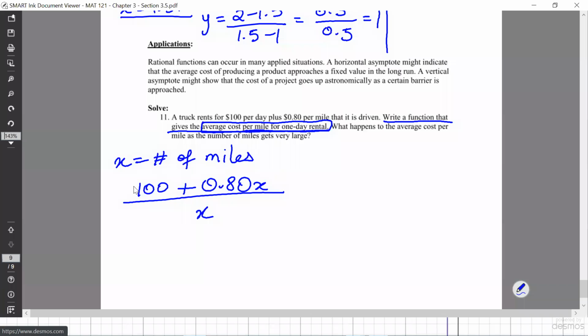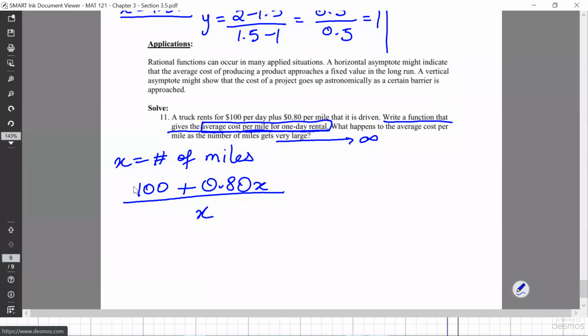So they're saying now for the last sentence, what happens to the average cost per mile as the number of miles get very large? They're actually asking you how the horizontal asymptote looks, basically. Because when x gets really large, which means, I mean, obviously miles, you're not going to infinity, but that's the thought process, is when those miles get really large, what's happening to your overall average cost function?